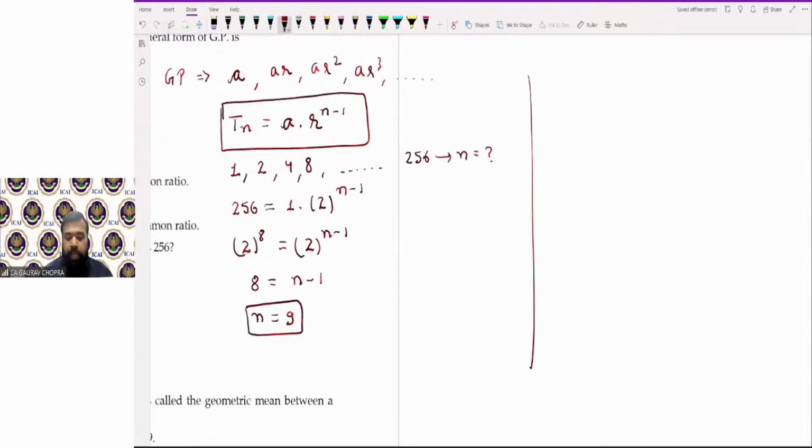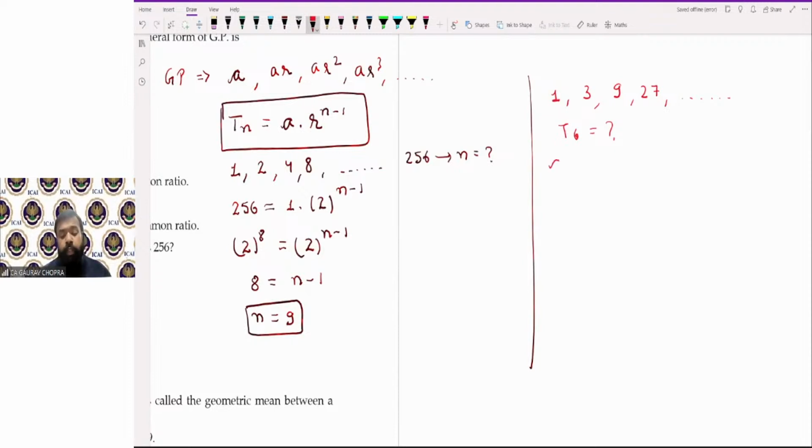So let's apply this formula in some more places. Let's say this time the series is 1, 3, 9, 27, and so on. And now you have to find out term number 6. So how can we calculate?